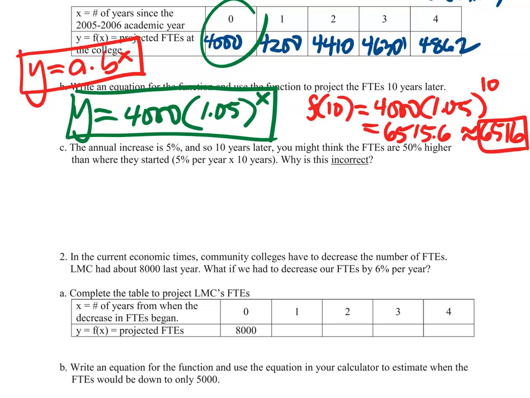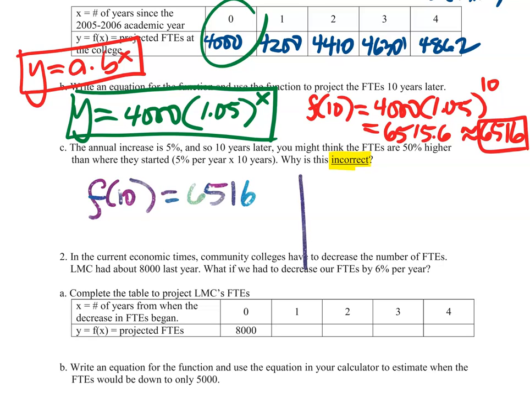Letter C, the annual increase is 5%, and so 10 years later, you might think the FTES are 50% higher than where they started, or 5% per year times 10 years. Why is this incorrect? So we computed increasing by 5% every year. F of 10 is 6,516.